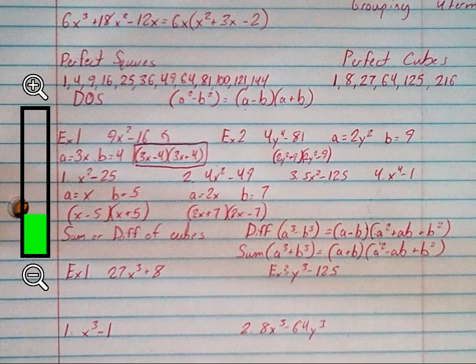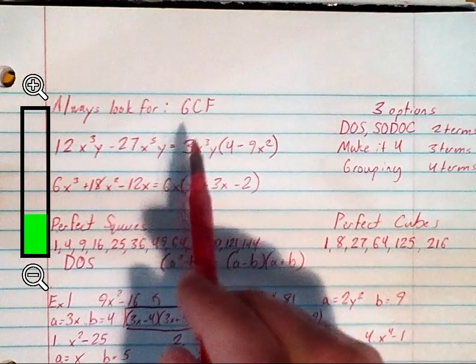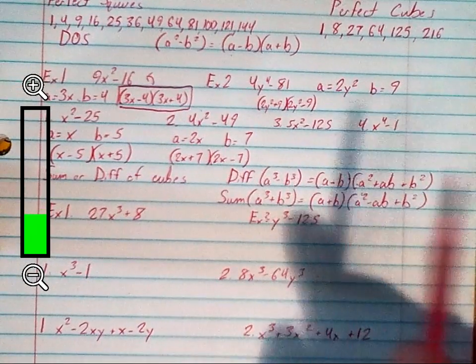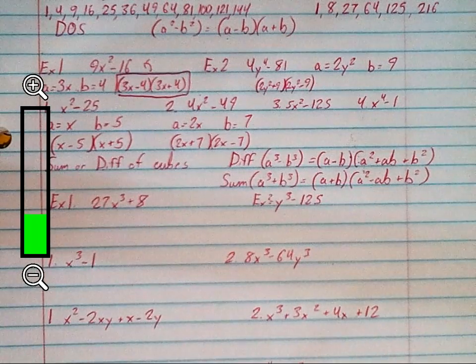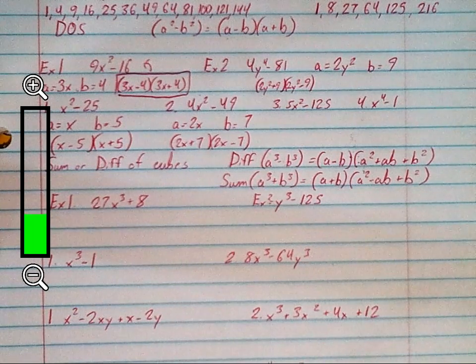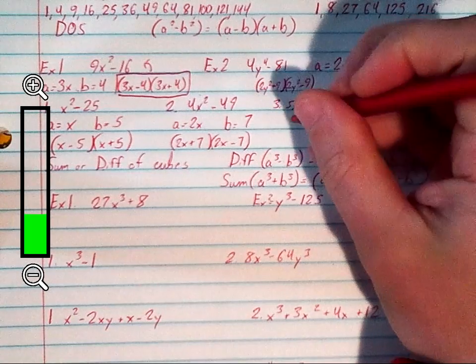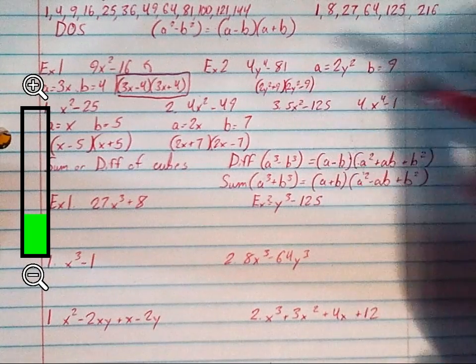Alright, now 3, I threw you a little bit of a curveball. Okay, so remember, up at the top, the very first thing we wrote was always look for a greatest common factor. Okay, so if I look at 3, I see that both of these have a greatest common factor, something that I could pull out of them before I even begin this problem. Okay, so we could factor a 5 out because I don't have anything that I can square and get 5.